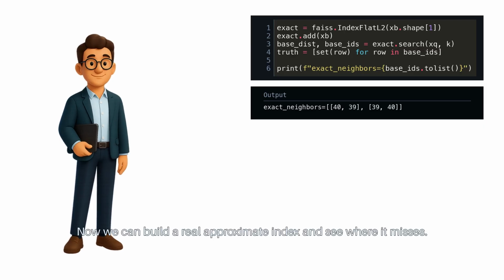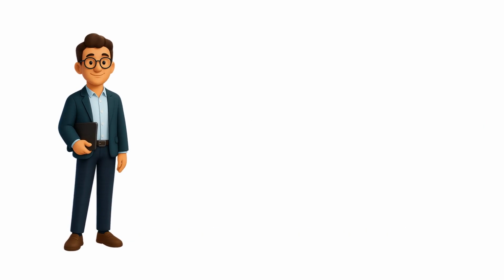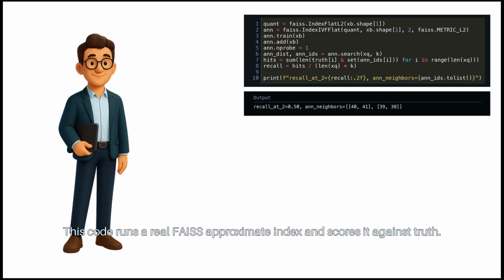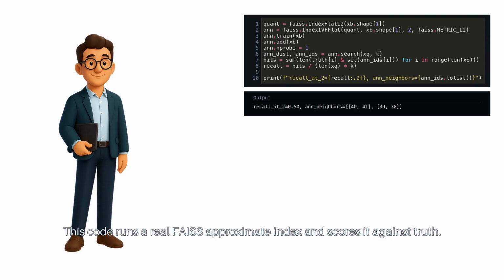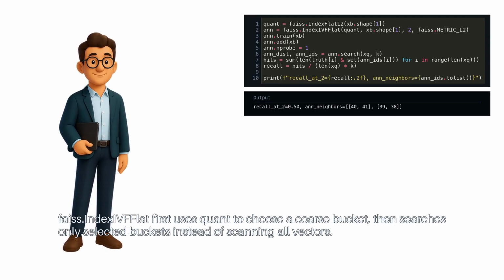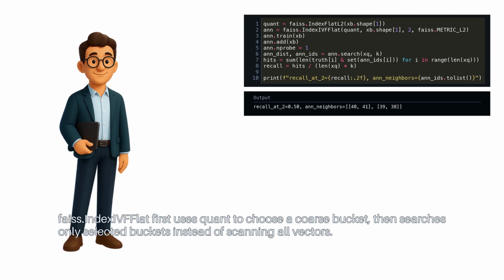Now, we can build a real approximate index and see where it misses. This code runs a real FAISS approximate index and scores it against truth. faiss.IndexIVFFlat first uses quant to choose a coarse bucket, then searches only selected buckets instead of scanning all vectors.